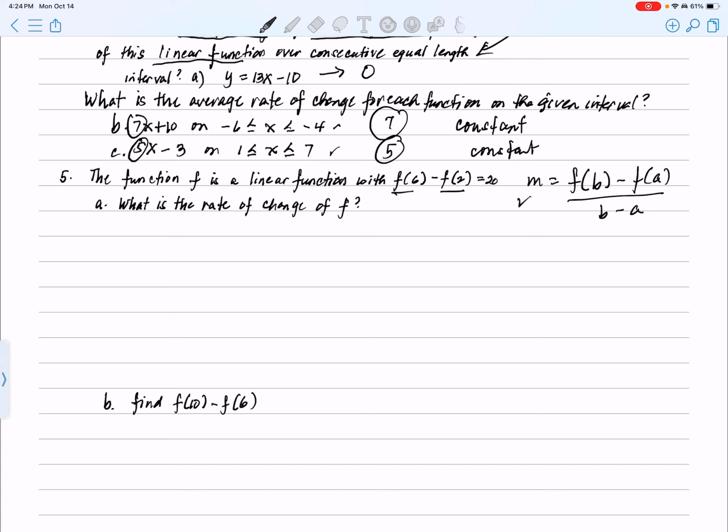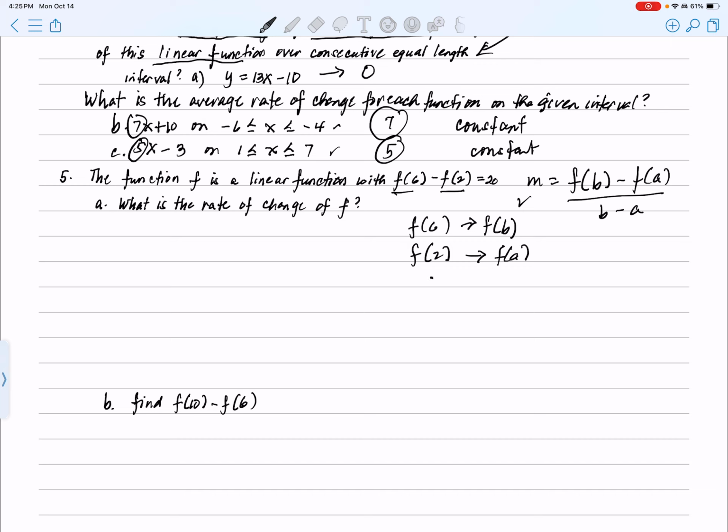Let's say we are given f of 6 and f of 2, so we can make that the 2 to 6 interval. We can make this the function of b and this the function of a.